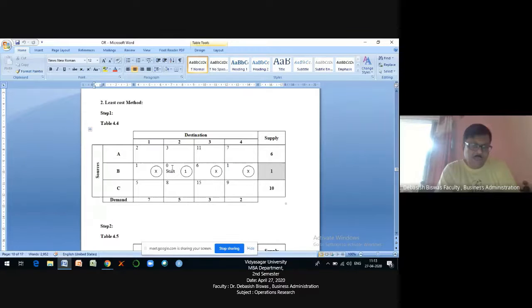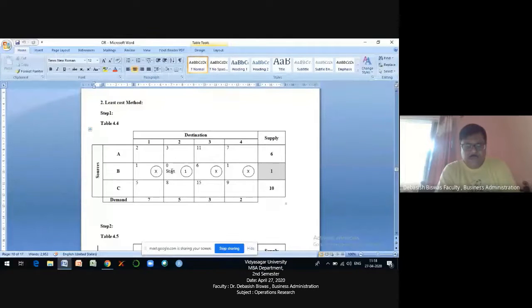But if we apply least cost method, we must start from this cell, because 0 is the lowest value among all 12 values.